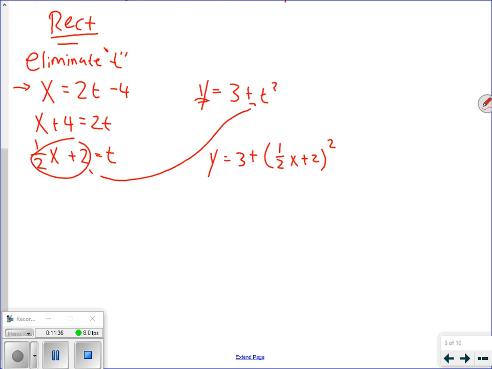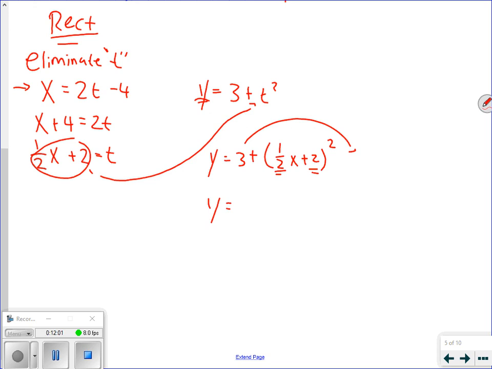Now let me simplify this just a little bit so we can kind of see what's going on here. I think you'll find this is pretty interesting. Just trying to make a little bit of a point here. For instance, if I took out a 1/2 as a GCF, just bear with me here. First of all, I'm gonna move the 3 over right here.